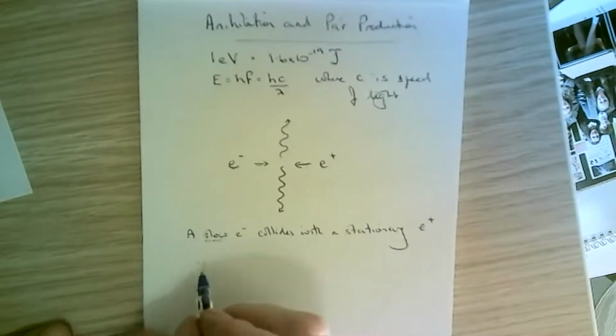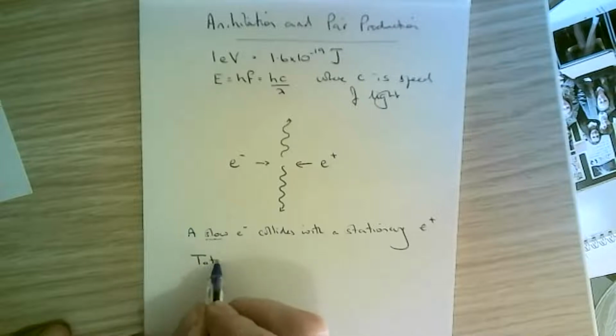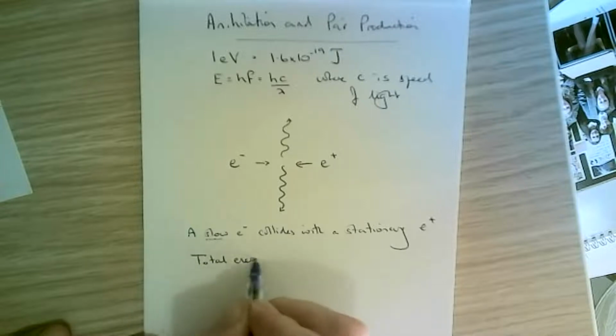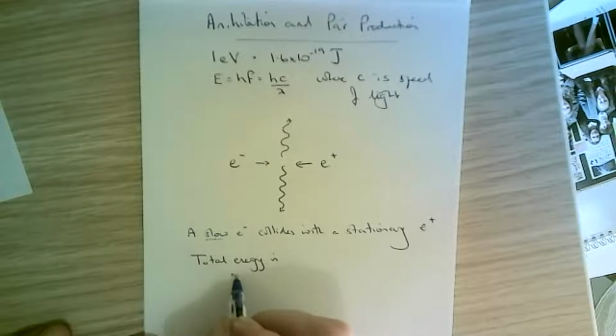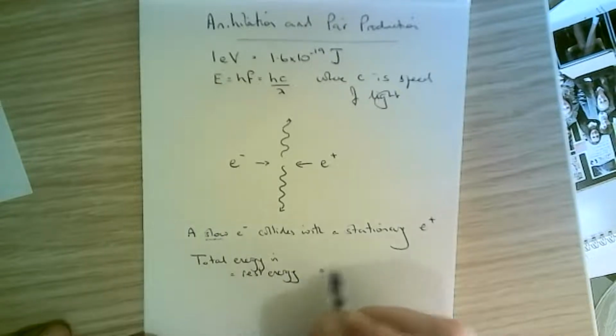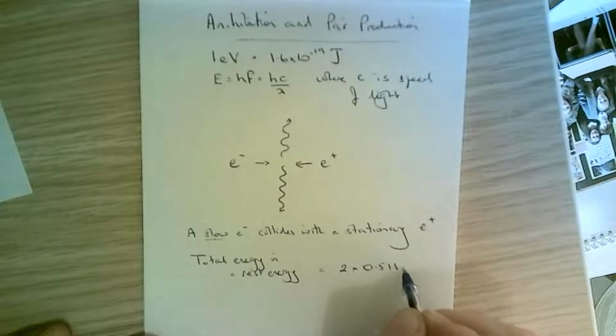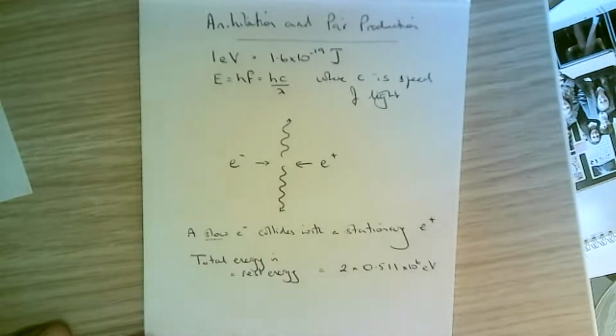So all we do is a conservation of energy situation. The total energy in is equal to the rest energy, which equals 2 lots of 0.511 times 10 to the 6 electron volts.